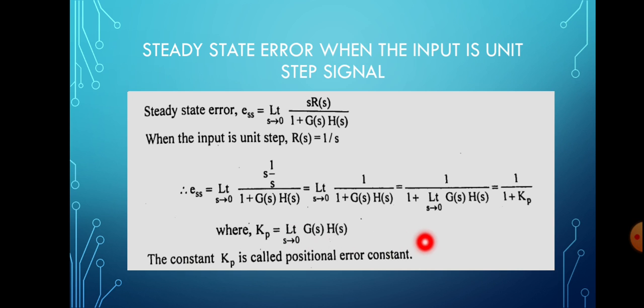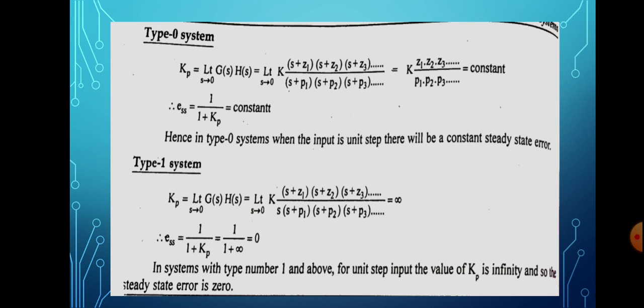And we can find out the positional error constant and the steady state error for various systems like type 0 system, type 1 system and type 2 system, etc. So next we will do that, that is for the type 0 system we know that the equation for Kp is limit s tends to 0 G(s) into H(s). For the type 0 system we know that this product can be written in the form of K into (s plus z1)(s plus z2)(s plus z3) divided by (s plus p1)(s plus p2)(s plus p3).